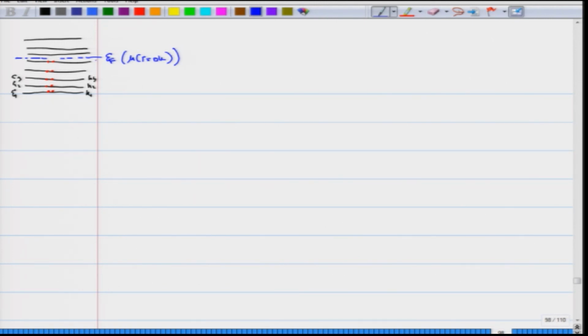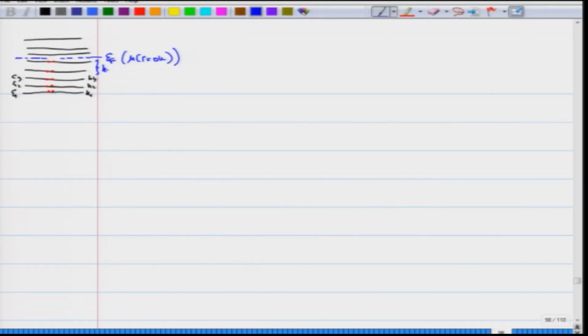That when you increase the temperature from 0, the electrons which are within kBT of this Fermi energy will undergo excitation. Those which are within kBT of the Fermi energy will get excited to the higher energy states.